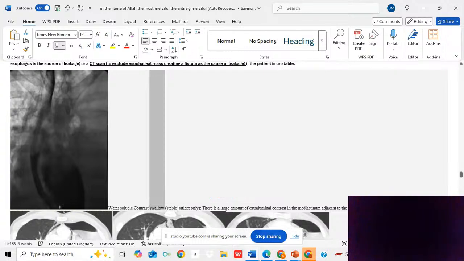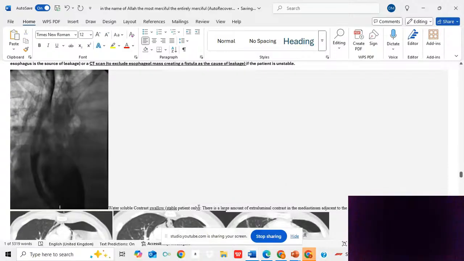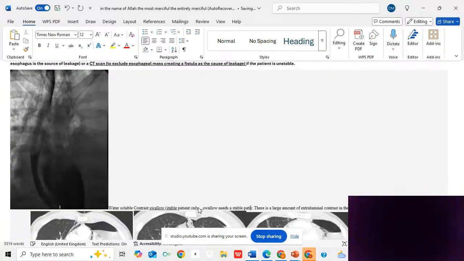To remember this: a swallow needs a stable patient. Swallow needs a stable patient.